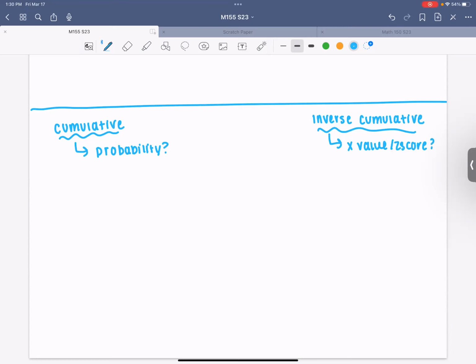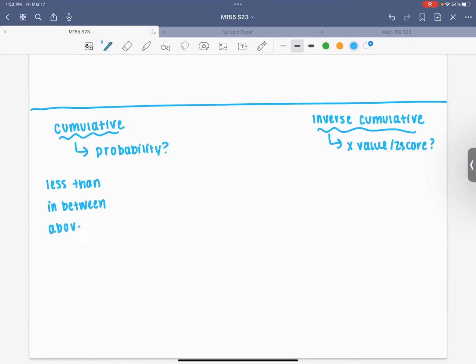When you do the cumulative probabilities, the first thing you need to do is figure out if it's a less than, greater than, or in between question, right? So you have less than, in between, and then you have above.